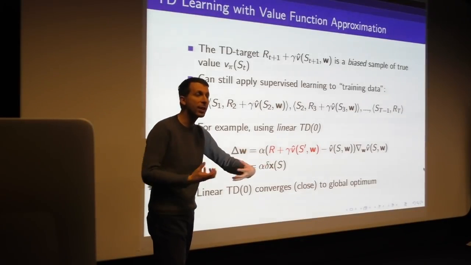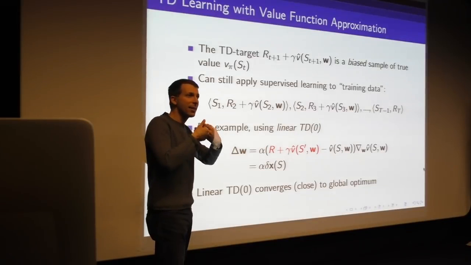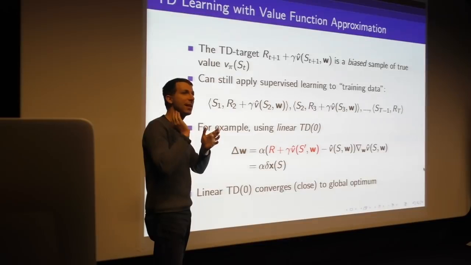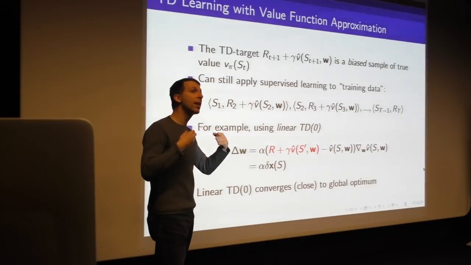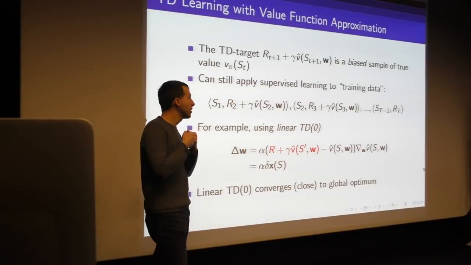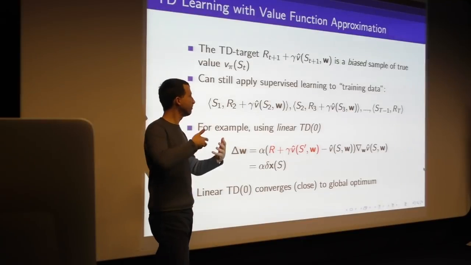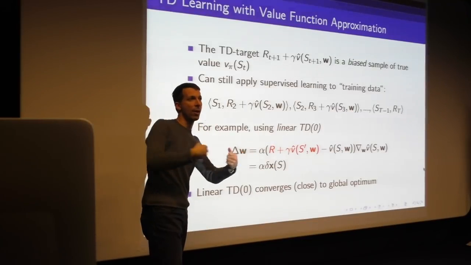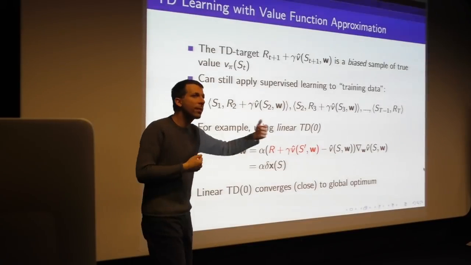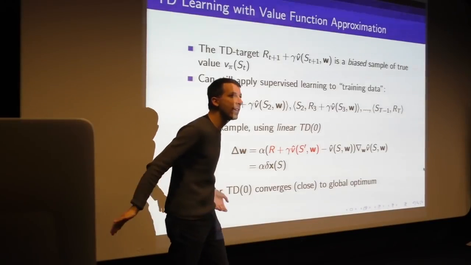You're pulling them all together to try and reduce the error. And you can show with a very simple example, even in a table lookup situation with a stochastic MDP, if you do that, you will get the wrong answer. You will not find the correct value function. The reason is that you need the flow of information to be grounded. You need to ground things, and the way you ground things is to go later in time.